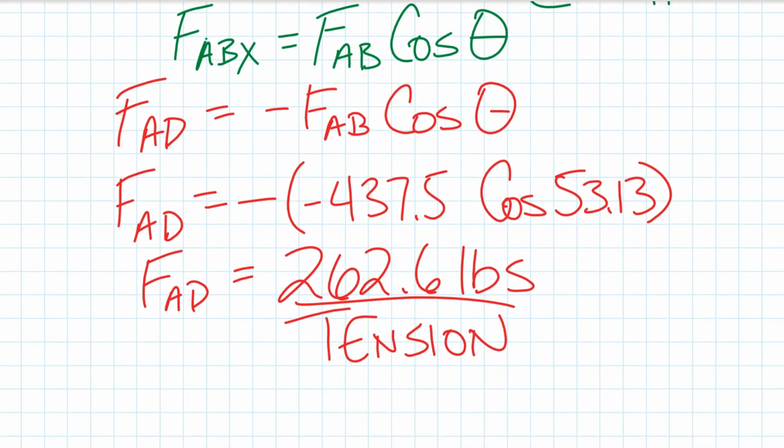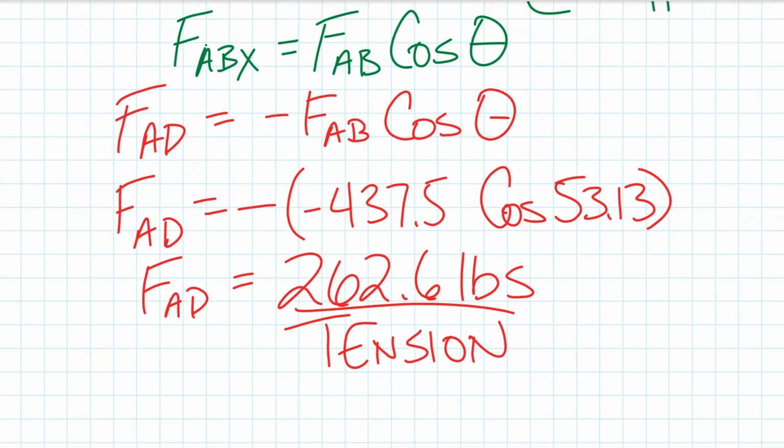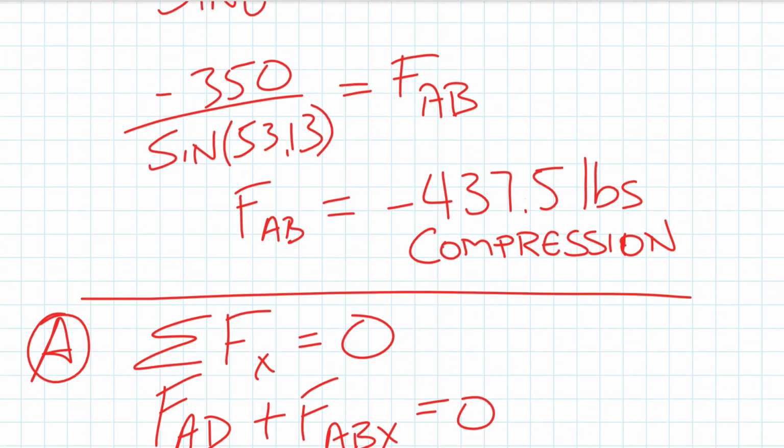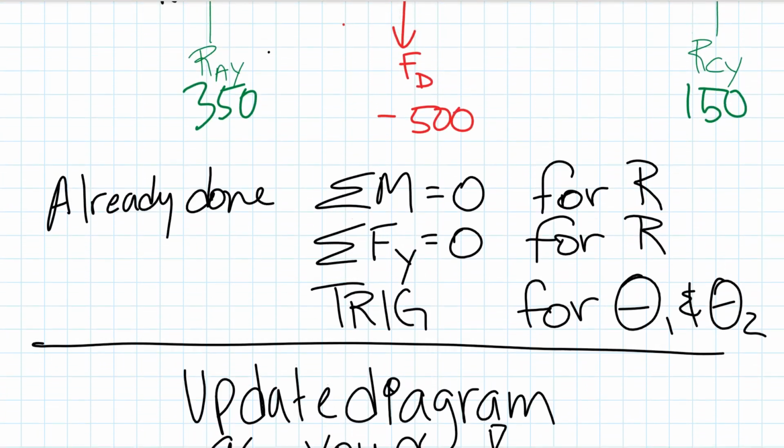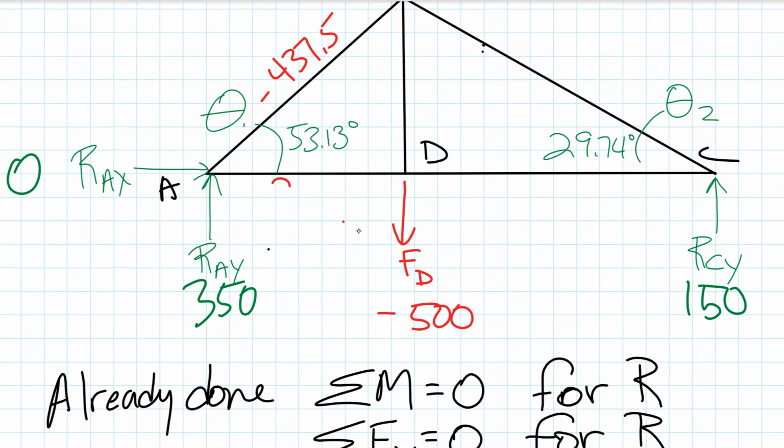We calculate that and get a positive 262.2 pounds. I said 266.2, but it's actually 262.2 pounds, and it's in tension because it's positive. So we update our diagram right here, saying that this member is in tension, 262.2.